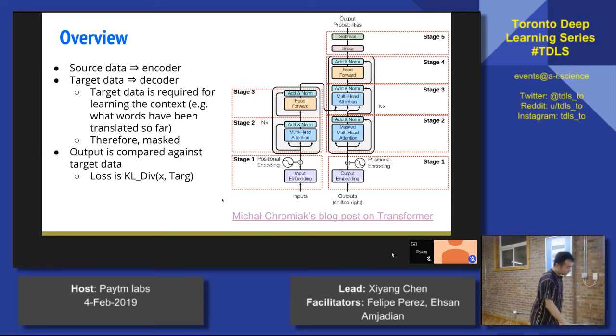For the target data, there are 2 parts: the input and the output. The names are probably slightly confusing. What I mean by input here is, let's just stick to the example, English to French. This is the English, and here's the French. However, what's more confusing is that when you produce output, there's also French produced here.